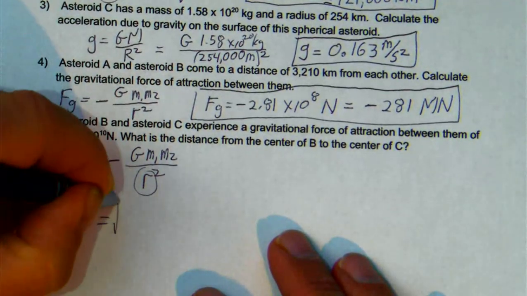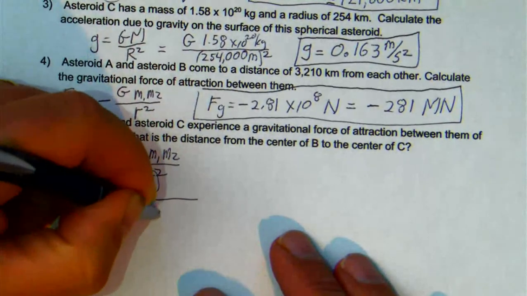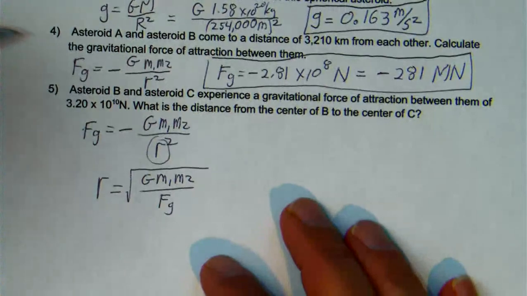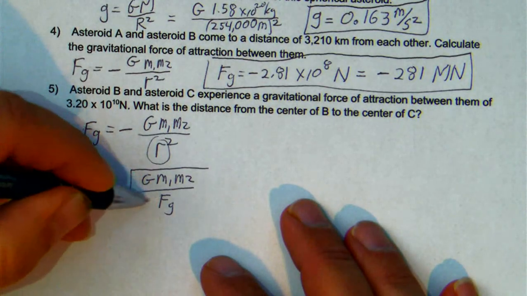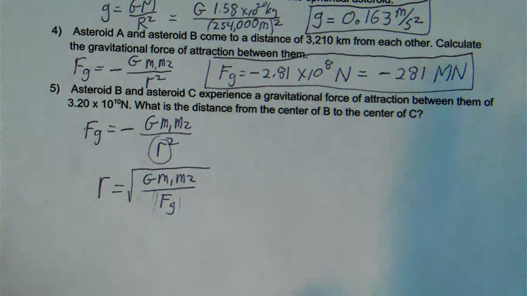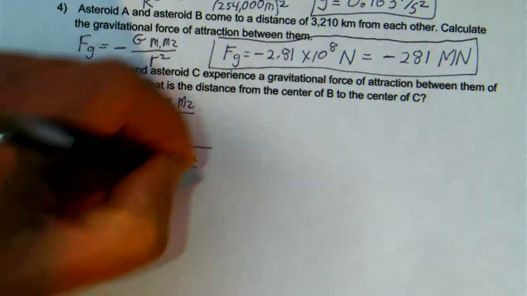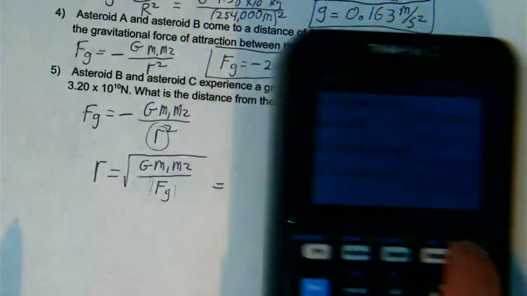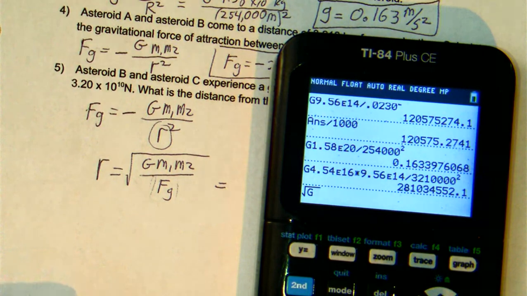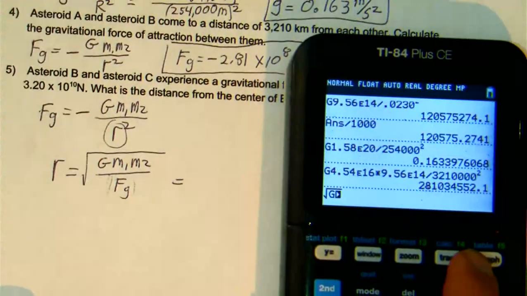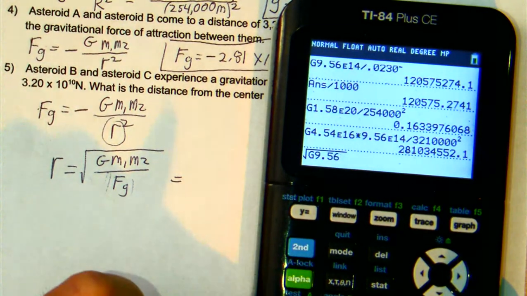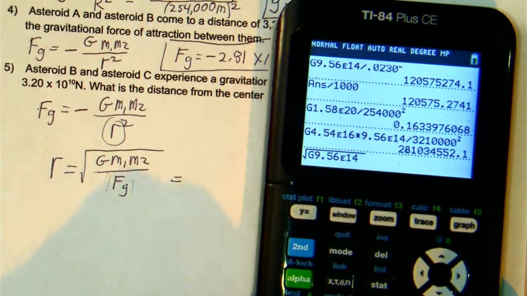We have r is equal to the square root of G times m1 times m2 divided by the force of gravity between them, where we're really dealing with the magnitude of the force between them, since we're not going to be taking the square root of a negative number. In this case, it's going to be square root of G. The mass of asteroid B was 9.56 times 10 to the 14th power.